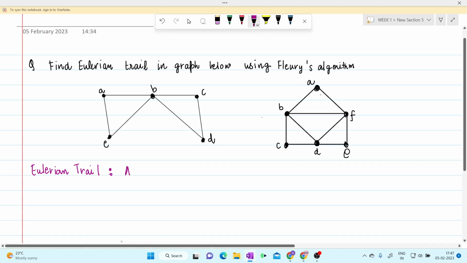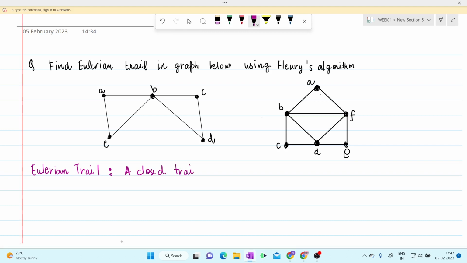It is a closed trail which contains all the edges.